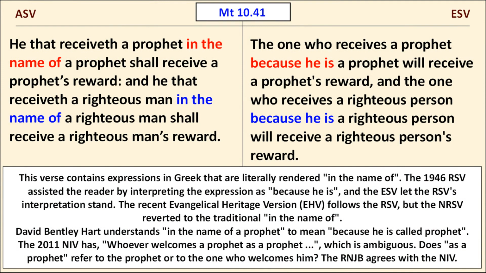The 2011 New International Version has whoever welcomes a prophet as a prophet, which is ambiguous. Does as a prophet refer to the prophet or to the one who welcomes him? In other words, does it mean whoever welcomes a prophet the way a prophet should be welcomed, or does it mean whoever, while acting in a prophet-like manner, welcomes a prophet? The Revised New Jerusalem Bible agrees with the New International Version.